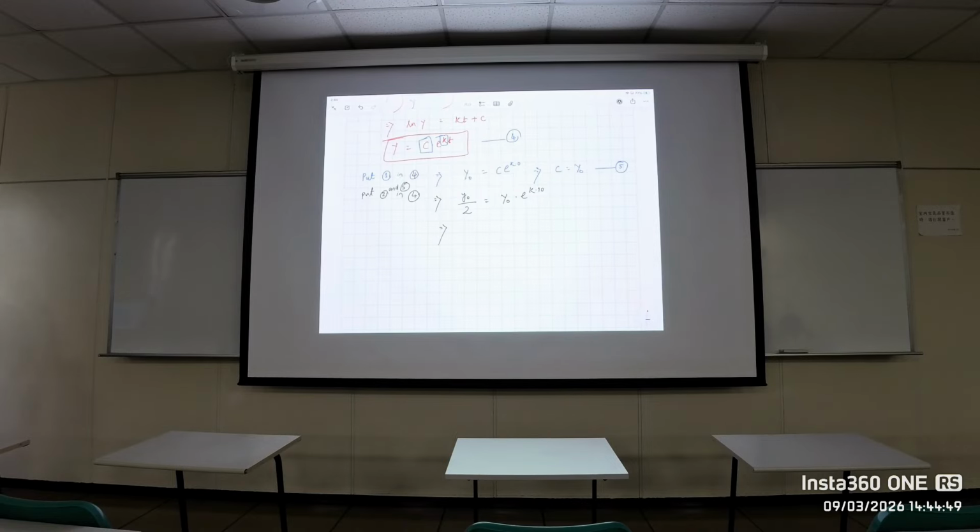So this will give us how much? This is 1 by 2 is equal to e to the power k into 10, and if you solve this one you will get k is equal to ln 1 by 2 by 10.